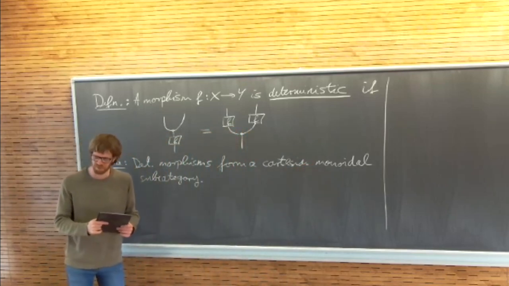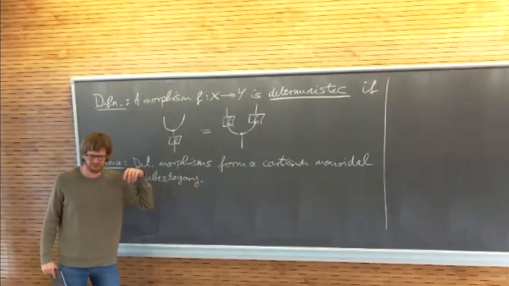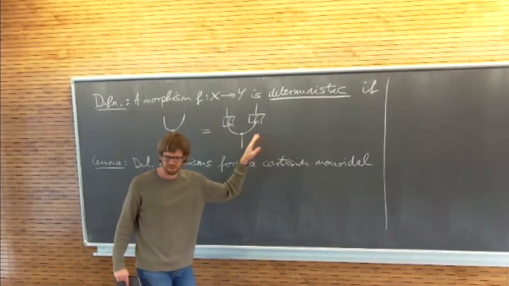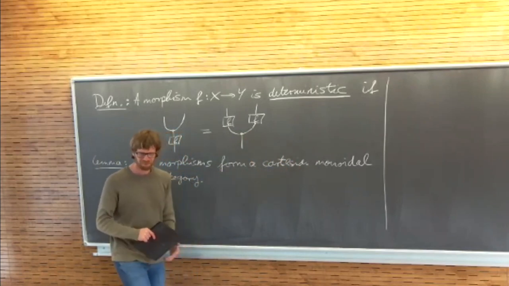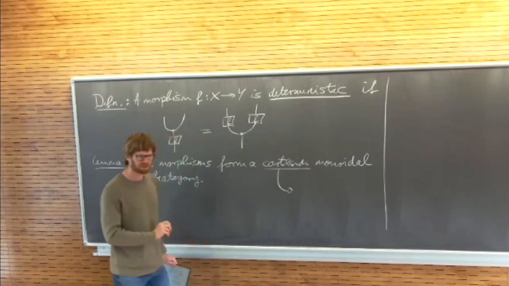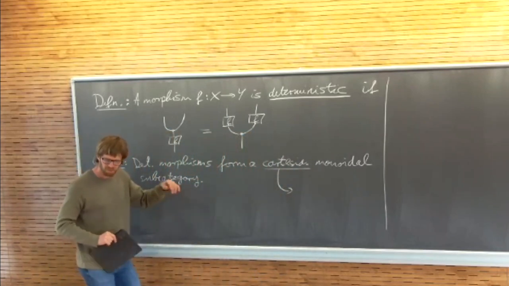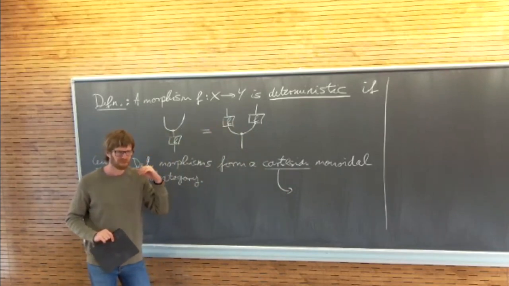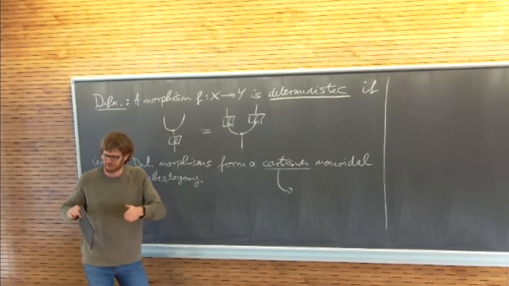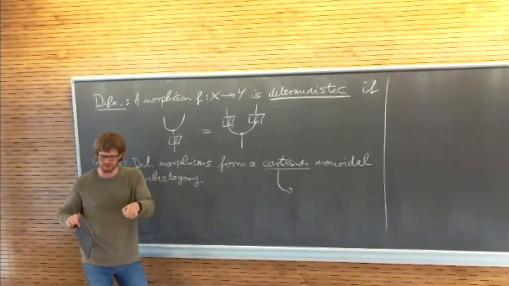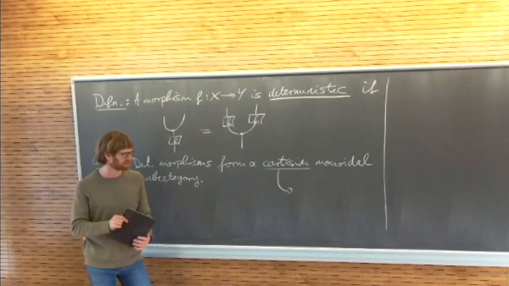But if you're familiar with the universal property of products in a category, it just means that the monoidal structure, the tensor, on this subcategory is the categorical product. In particular, this means that if we look at a deterministic morphism whose codomain is a tensor product, so X times Y, then we can decompose it uniquely into its components. It's uniquely determined by the corresponding projections, or marginals, to X and to Y.